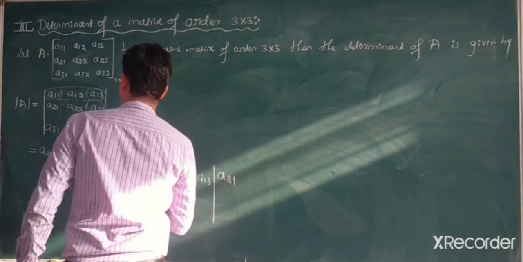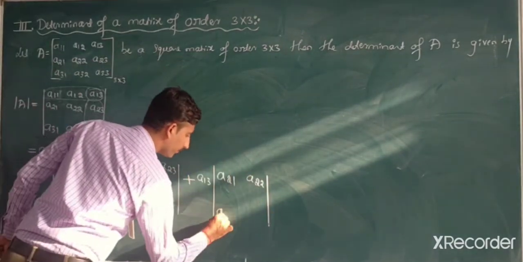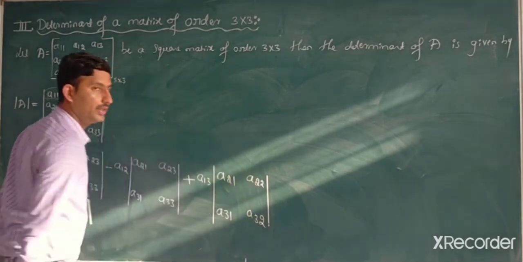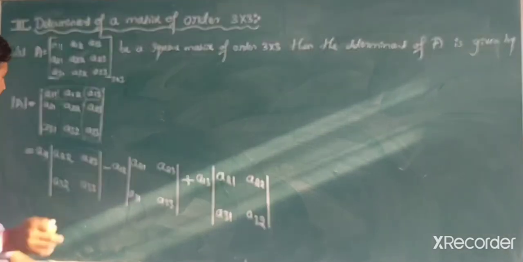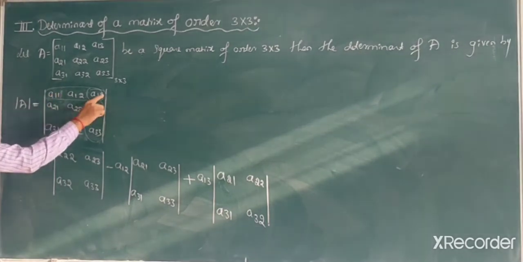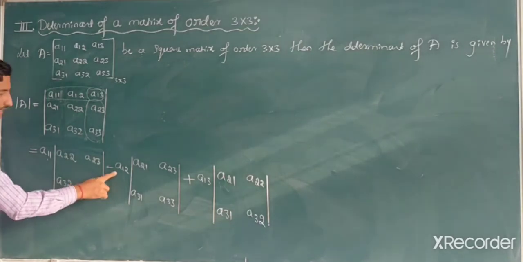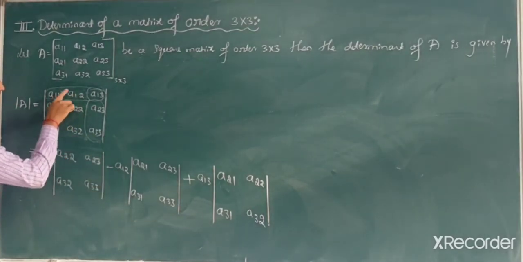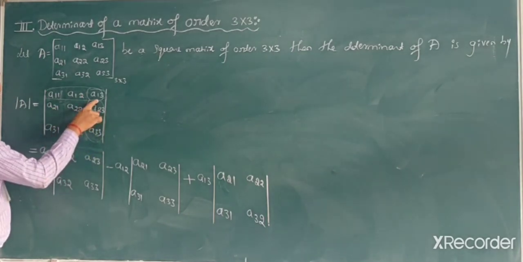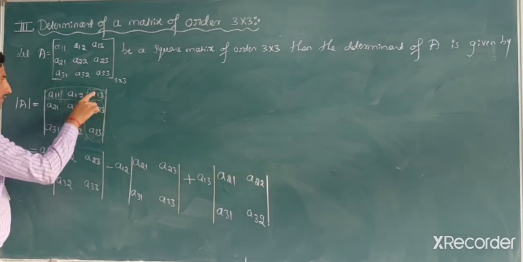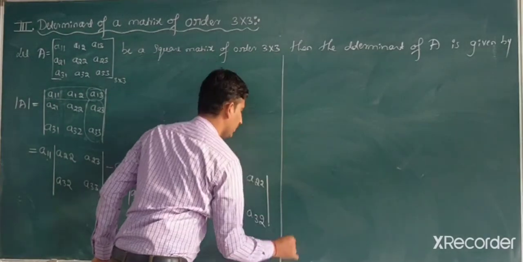Again, to conclude: for A11, remove its row and column, leaving A22, A23, A32, A33. Minus A12, with A21, A23, A31, A33. After that, A13 is the final element, with A21, A22, A31, A32. Correct?